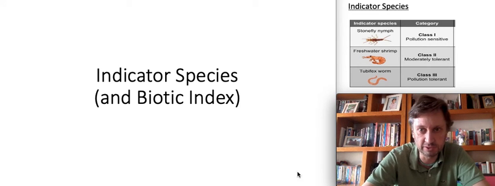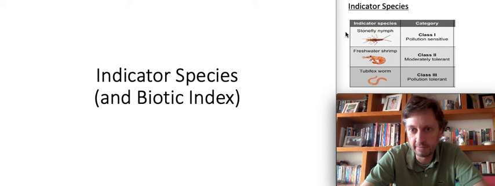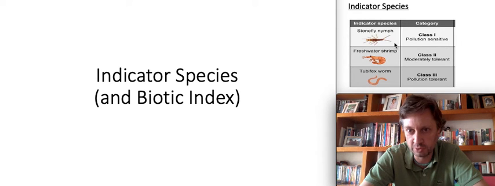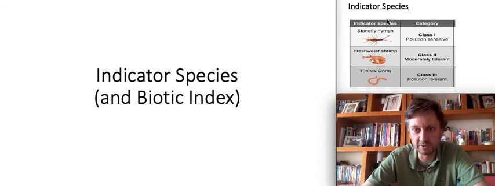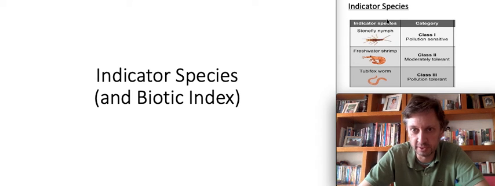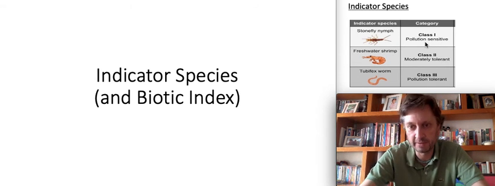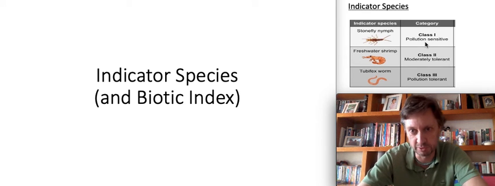On a very simple level, you can see above my head, in a temperate river, if you sample it and you find a lot of stonefly larvae or stonefly nymphs, you can be fairly confident that water is clean, non-polluted, because stoneflies are very pollution sensitive and therefore they will die if the water is polluted.